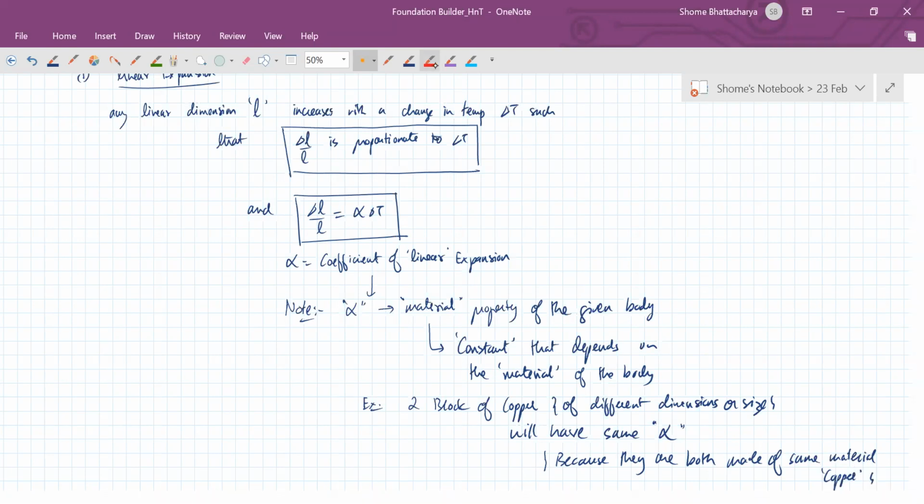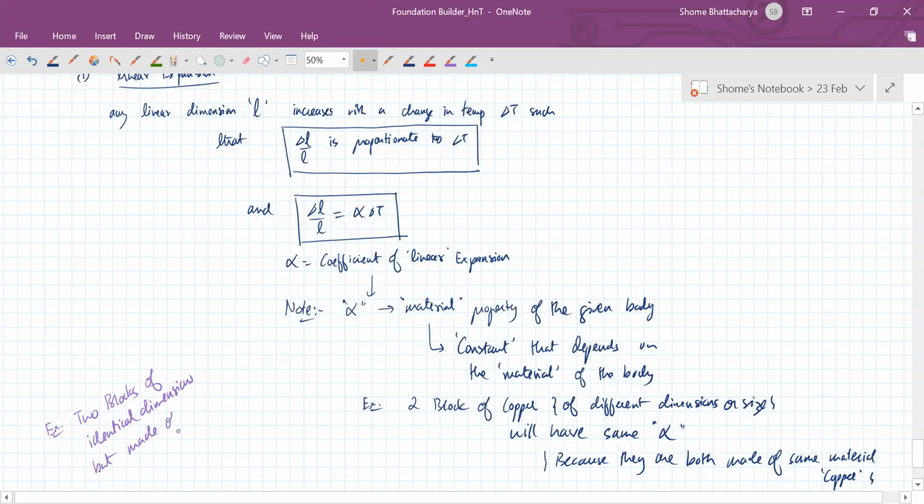Whereas two blocks of identical size or identical dimensions, but made of, let's say, copper and aluminium, will have different alphas, because they are made of different materials.